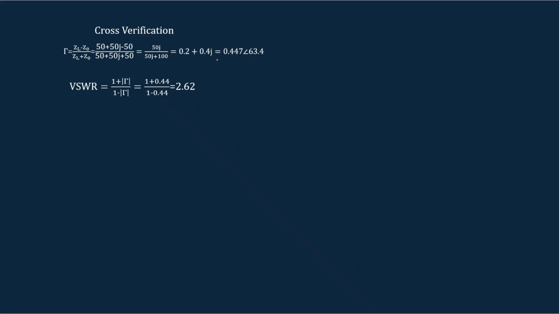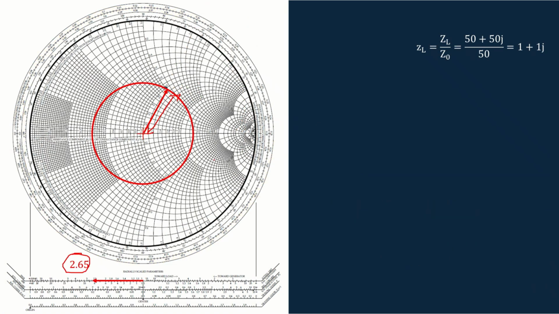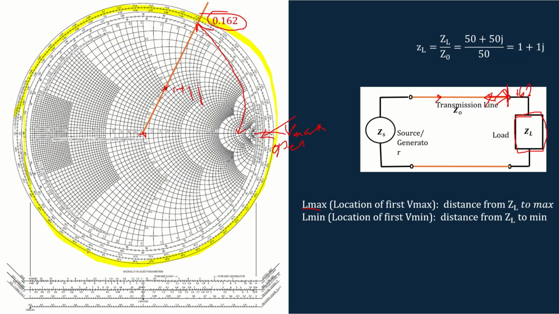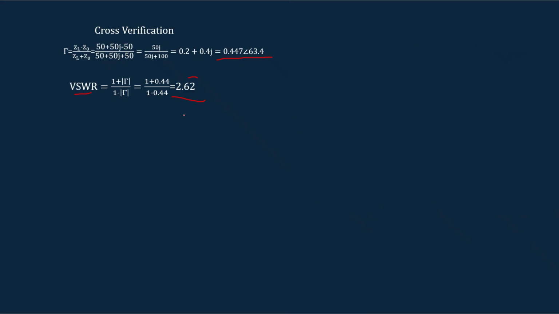By substituting, you will get the reflection coefficient as this value, and when you calculate VSWR, it is giving the value of 2.62, which is same as we have calculated from the Smith chart. So using the Smith chart, we don't have to use these type of complex calculation. We have to just make the point on the Smith chart, just measure it, and we will be very easily able to identify the VSWR from the Smith chart.